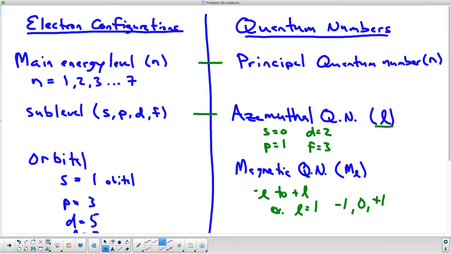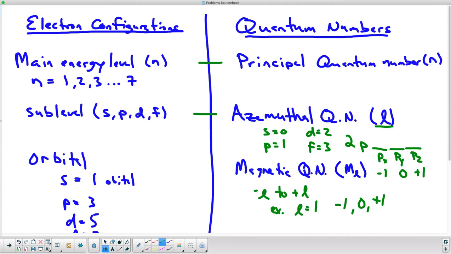So if I have a P sublevel, and we've seen this already, like if I'm talking about the 2P, then I have a Px, a Py, and a Pz. Or I can call them -1, 0, and +1. So all I'm doing is giving numbers to these things that we've already learned.